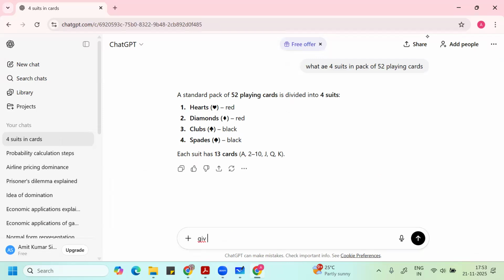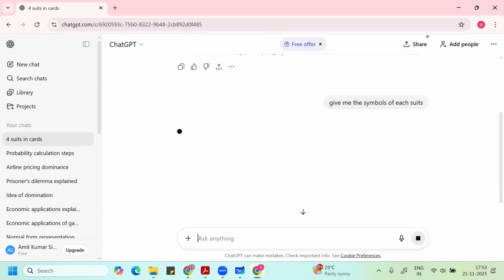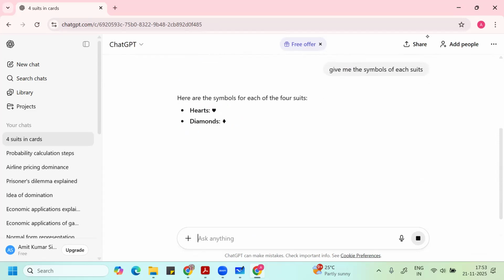Give me the symbols of each suit, in their original color.